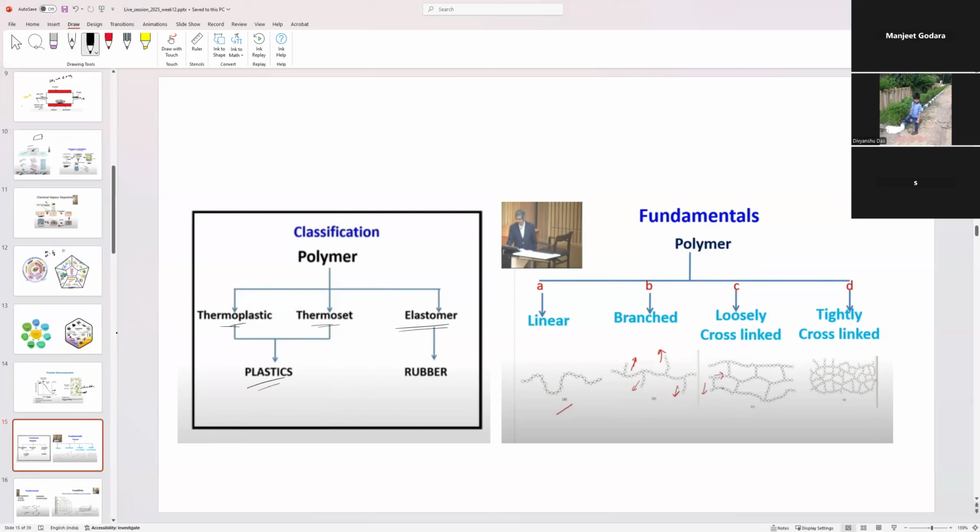Elastomers, again, are polymers which have chains which can slide past each other, like rubbers.